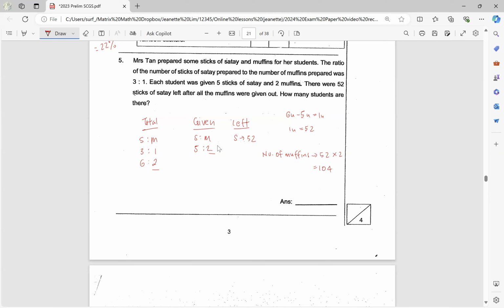There are 104 muffins. Each student was given 2 muffins. So the number of students will be 104 divided by 2. So actually there are 52 students.